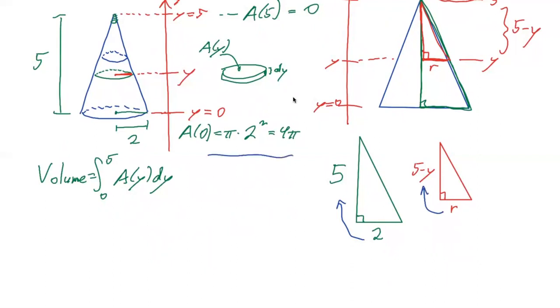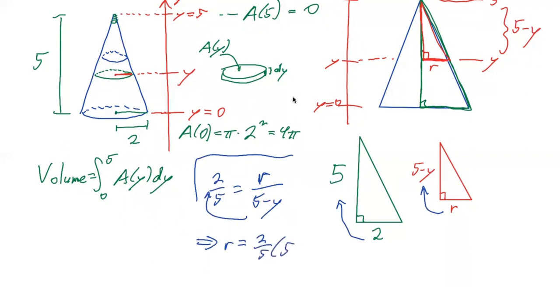So we can write 2/5 is r over 5 minus y, since those are similar triangles. And that means we can get a formula for r if we multiply both sides by 5 minus y. Then we get r is 2/5 times 5 minus y.